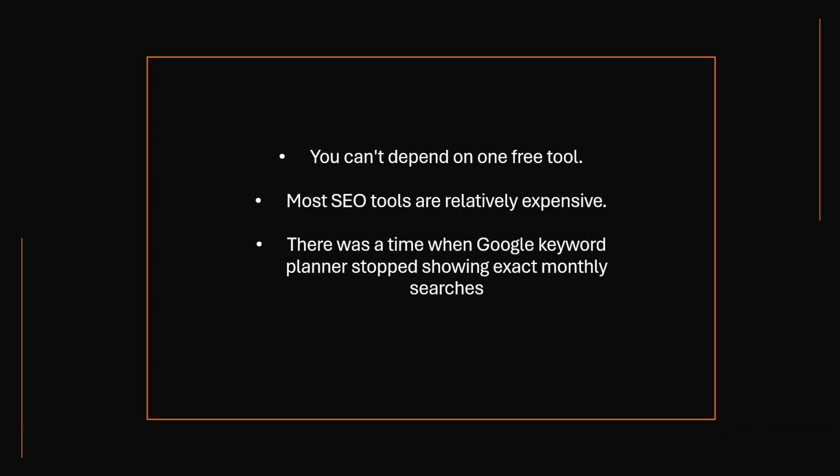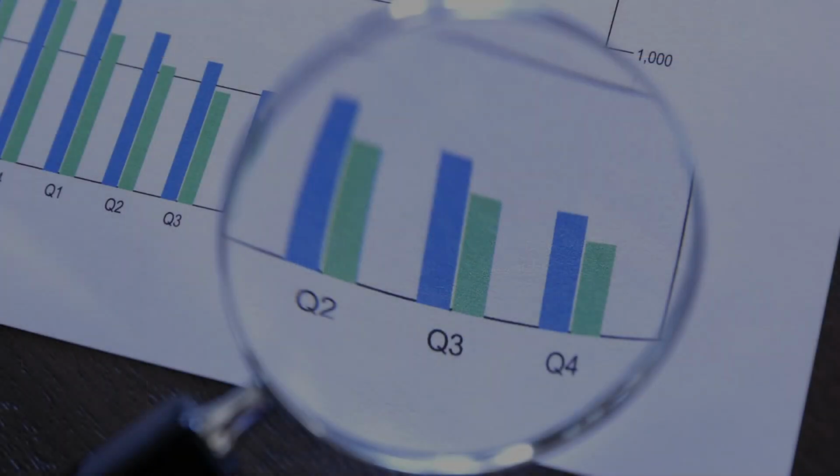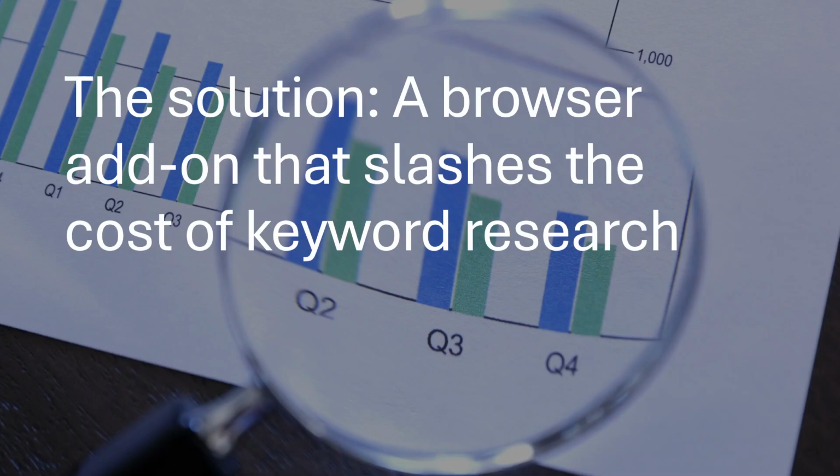There was a time when Google Keyword Planner was what many people used, but for a while it stopped showing exact monthly searches, which was a deal breaker for a huge amount of marketers. Now, the solution is a browser add-on that slashes the cost of keyword research.